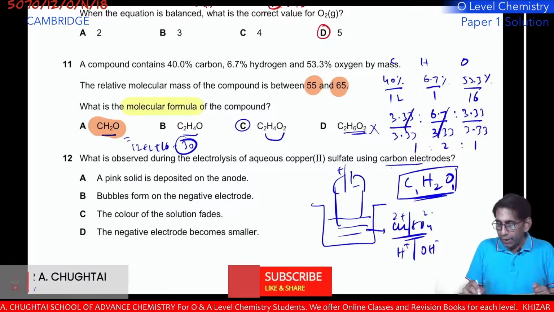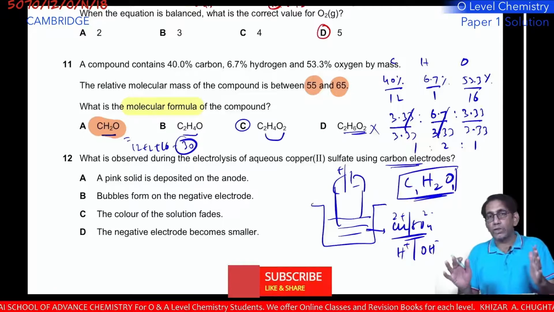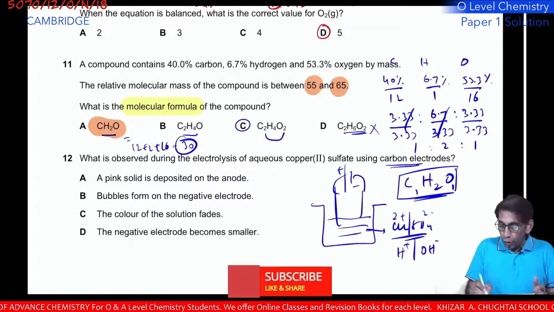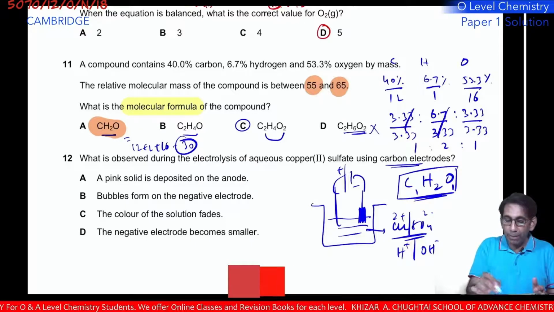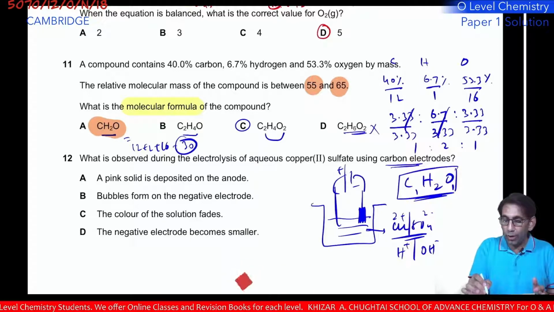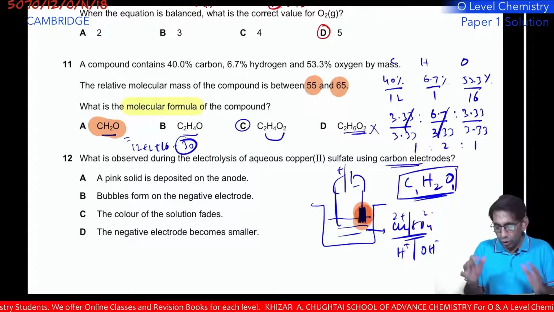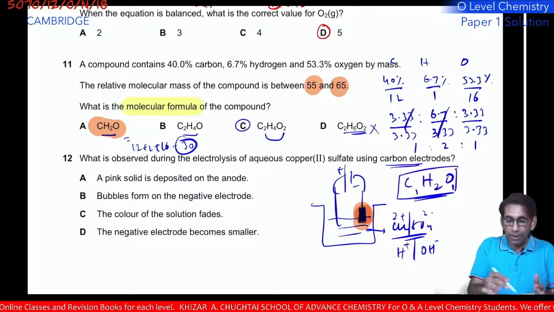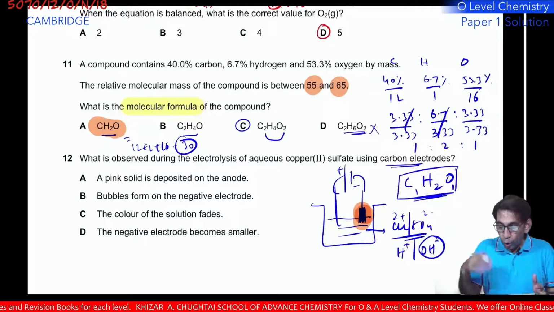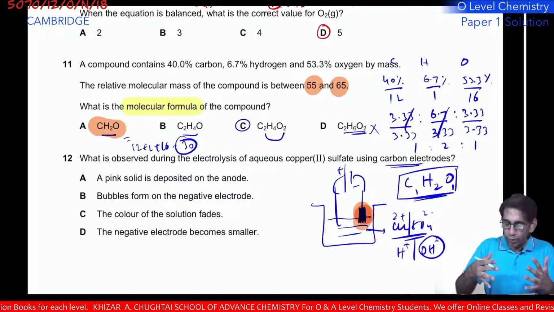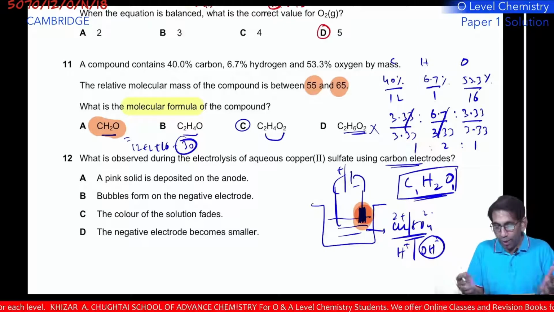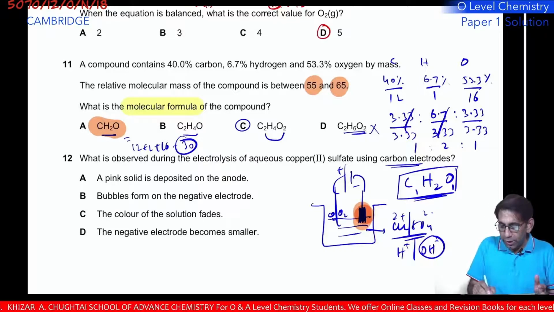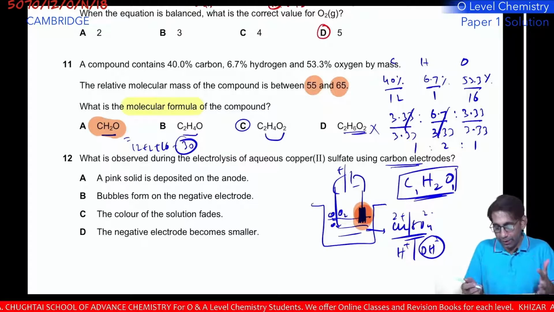Here the carbon electrodes are inert electrodes, right? So copper will go to the negative terminal and a pinkish brown solid will appear there. What will be on the positive terminal? OH negative ion will travel towards the positive electrode, that is the anode, and oxygen gas will be formed on this terminal.